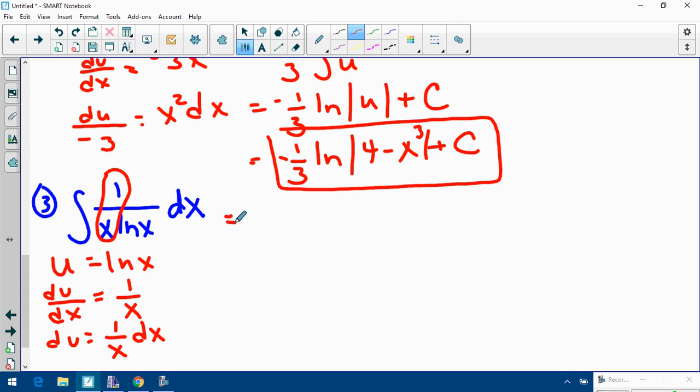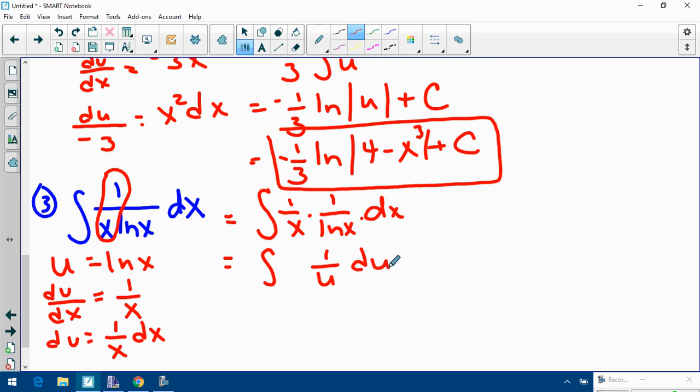So if you need to see this, this is really the integral of 1 over x times 1 over ln of x times dx. Can you see how that's the same thing? Normally I wouldn't write that. But then you can see if I put in the integral of 1 over u for ln of x, and then 1 over x times dx is just du.